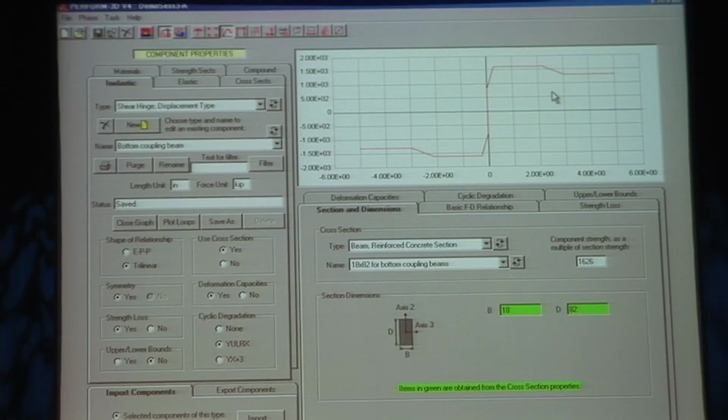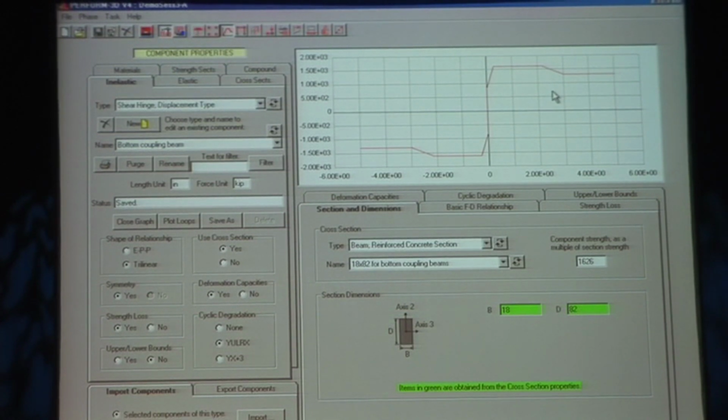That varies over the height of the structure. There are 4 different cross-section properties, but this corresponds actually to a diagonally reinforced coupling beam, and this would be pretty much what ASC 41 would specify. There is a brittle limit here, but it's not a great deal of strength loss.